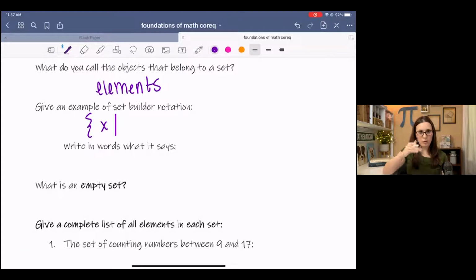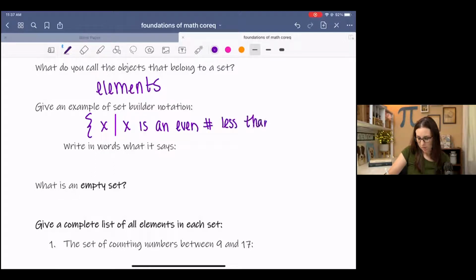It's longer than the rest of the words in the set. Such that, we could do anything here, but I'll just say X is an even number less than 8, and then close the set. That's set builder notation.